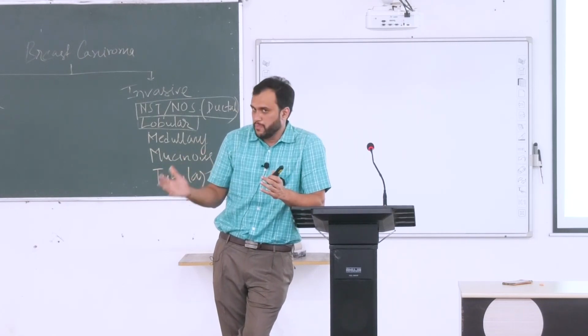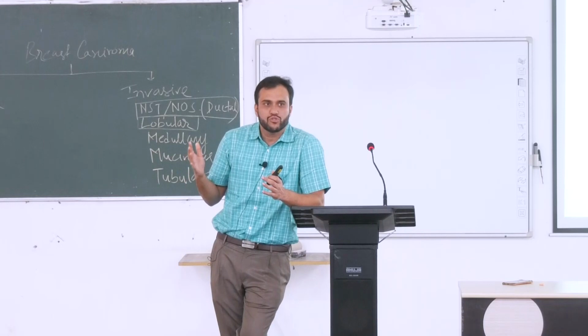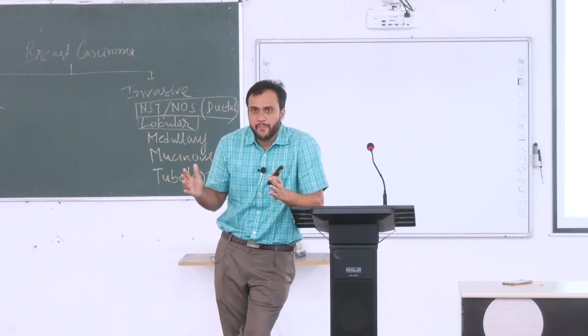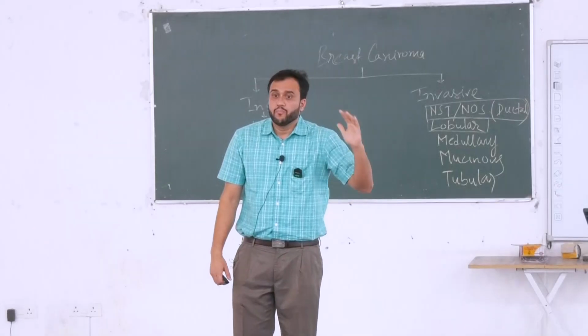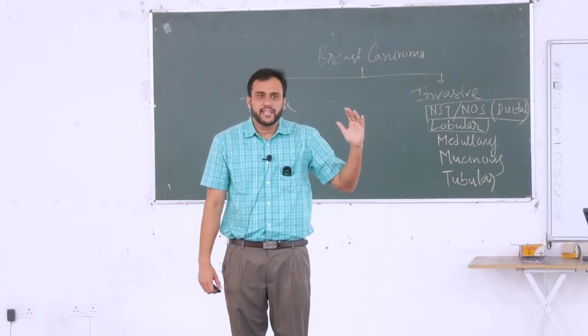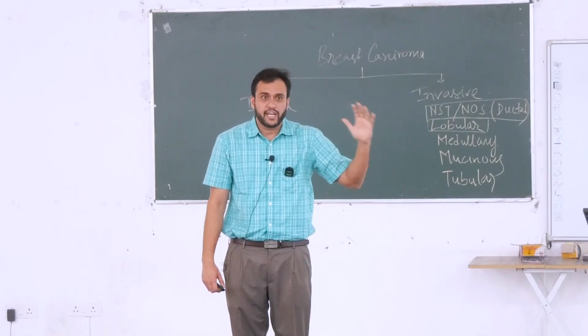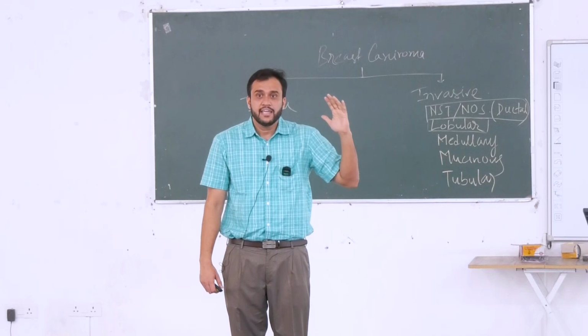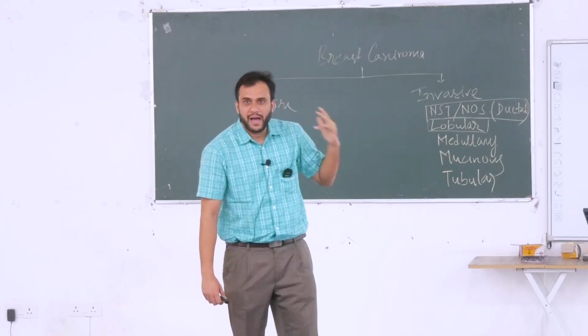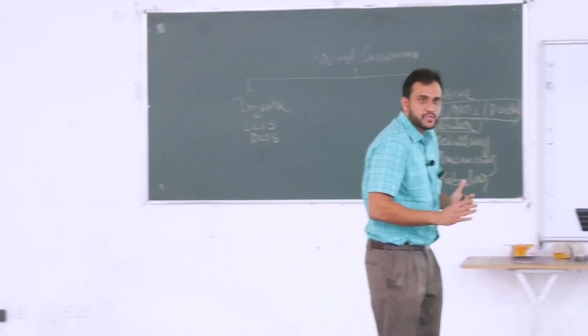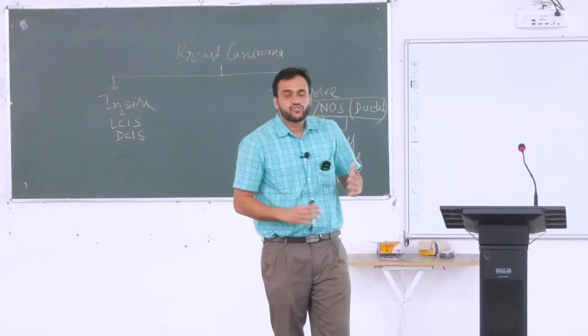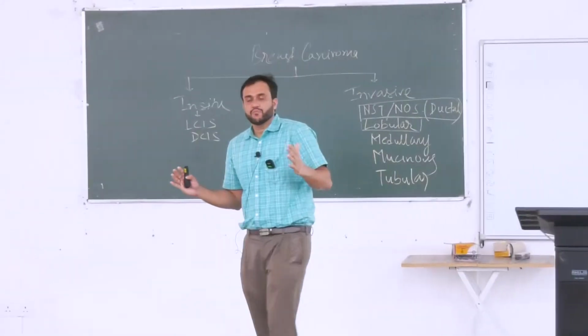Breast is also one of the organs which is very easily palpated. A woman can palpate it and feel for a lump. So like cervix, it can also be prevented.